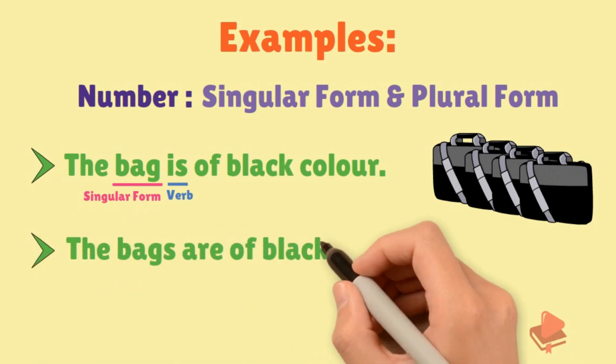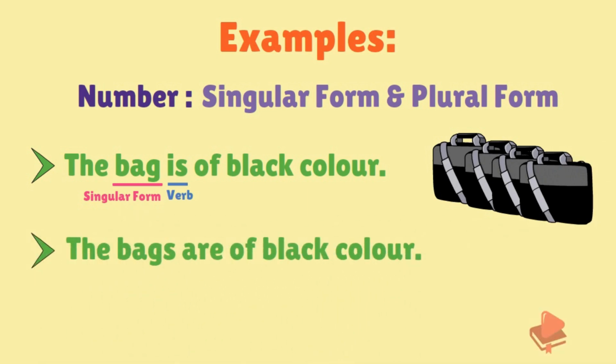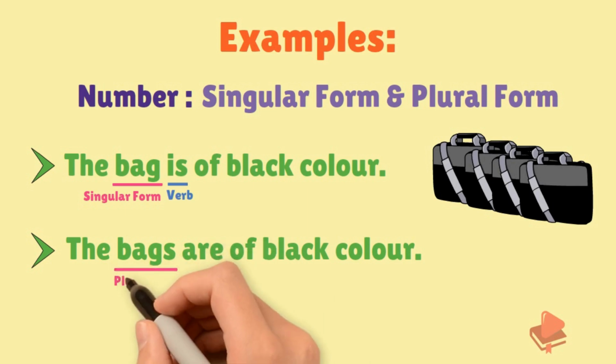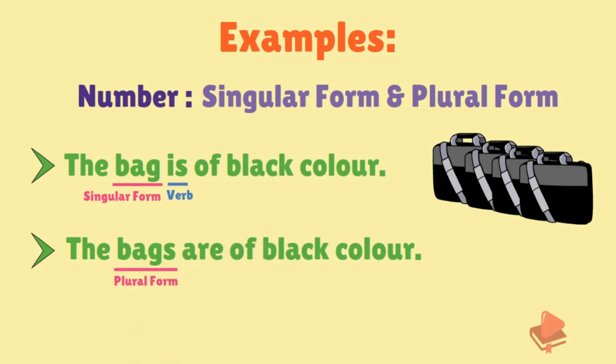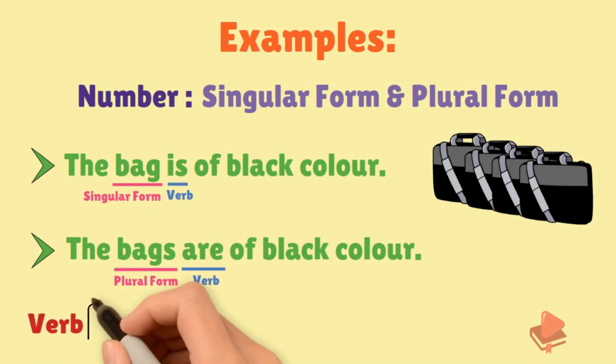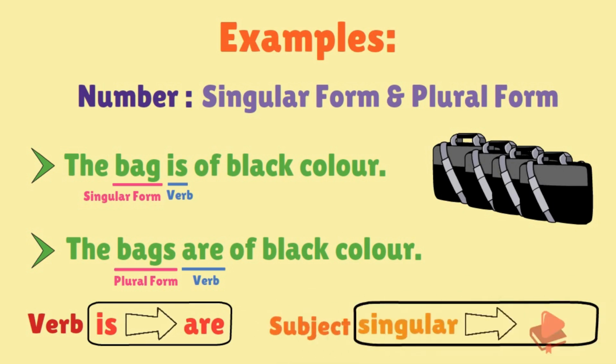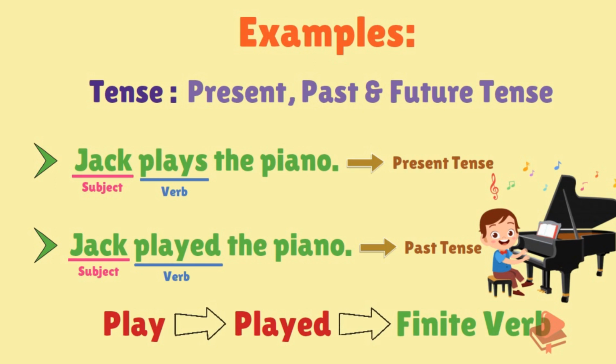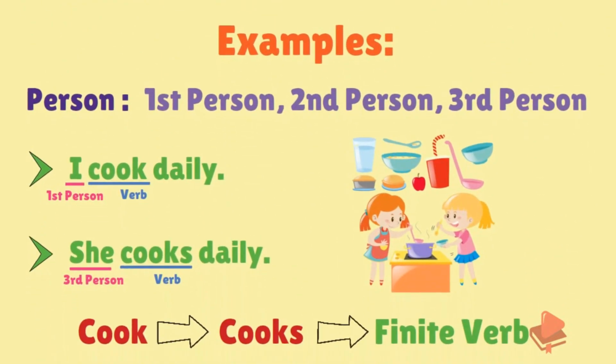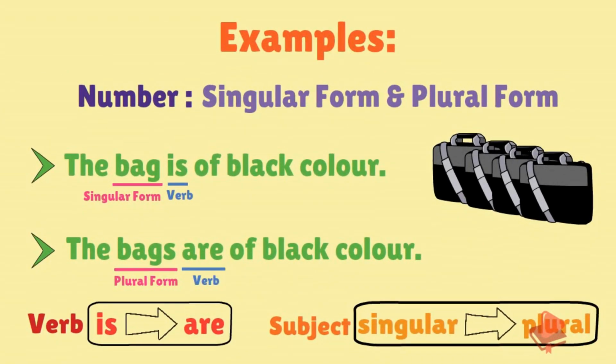The bags are of black color. The subject bags is plural and the verb is are. Here, the verb is changed to are as the subject is changed from singular to plural. So now we know the finite verbs change as per the tense, person and number.